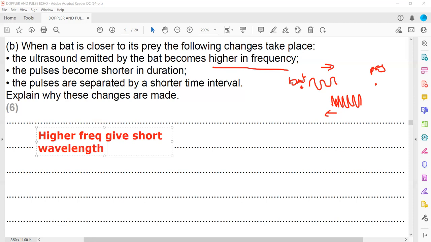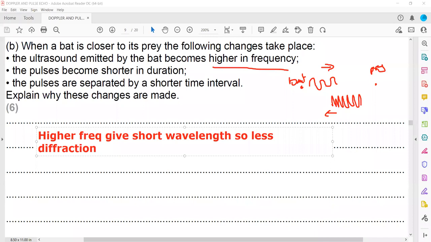And what is the advantage of using a short wavelength? It will have less diffraction, because otherwise, depending on the gap size, diffraction can occur. If it has less diffraction, more of the wave will bounce back. That's why the bat is emitting higher frequency.